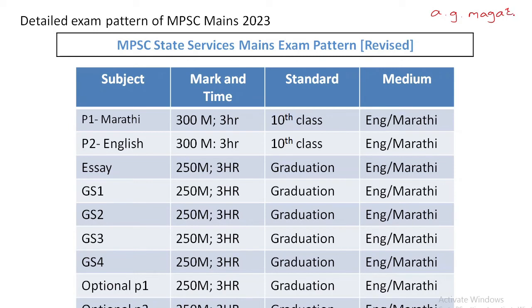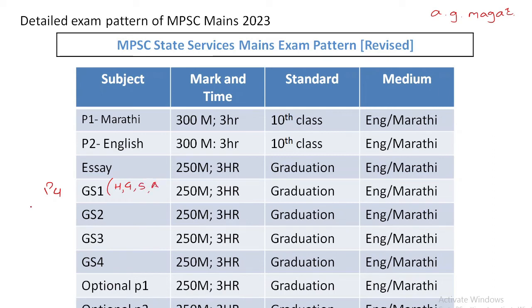Okay, now our paper 4. Paper 1, paper 2, paper 3, and paper 4 is GS1. Now here I only give you the introduction of the exam pattern. In the next lecture, we are going to see the detailed syllabus of all these papers. Now I am telling you only the headings. In GS1, you have history, geography, society, art, and culture.